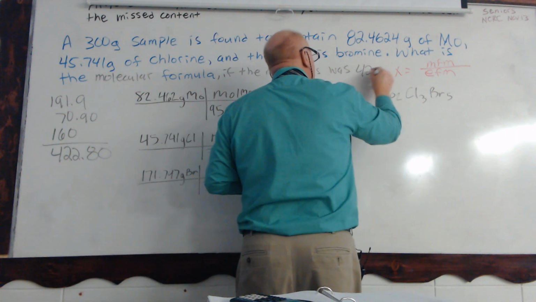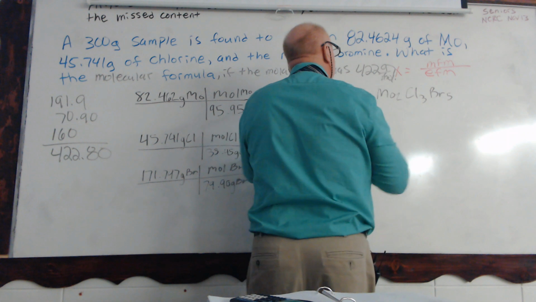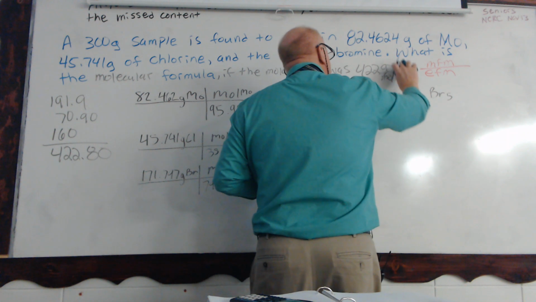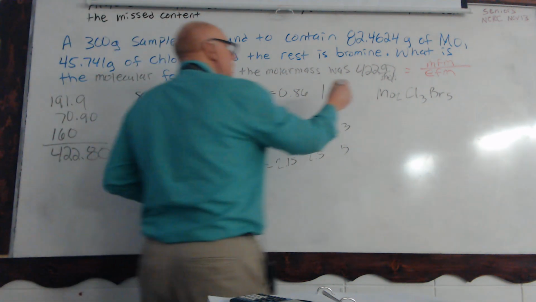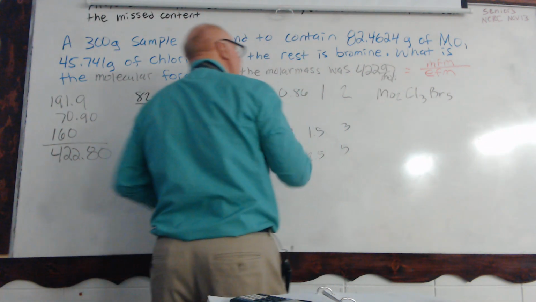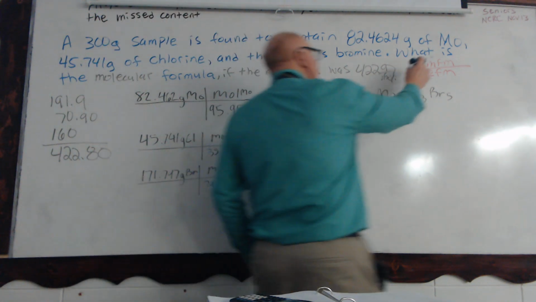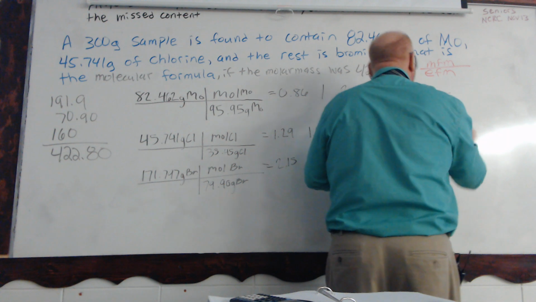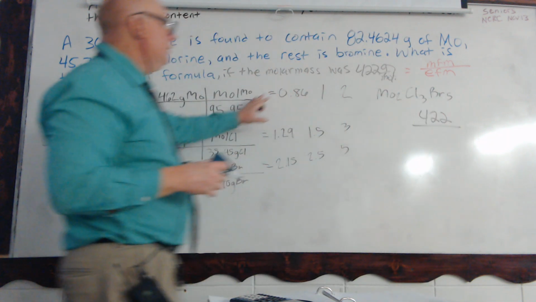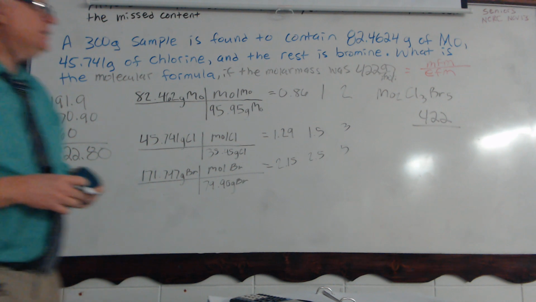We'll just say 422 grams per mole. Okay, so then there's our question mark. We know that if we have a molar mass given in a problem, the molecular formula mass goes up on top, 422, and then what you calculated for your empirical formula mass, we know came out to be, well, whatever half that is.